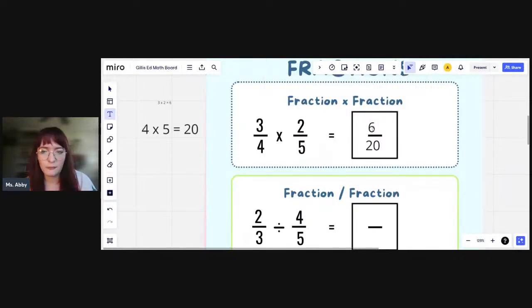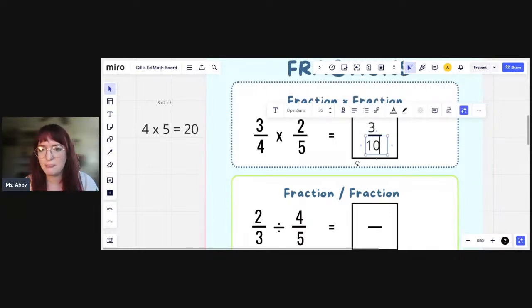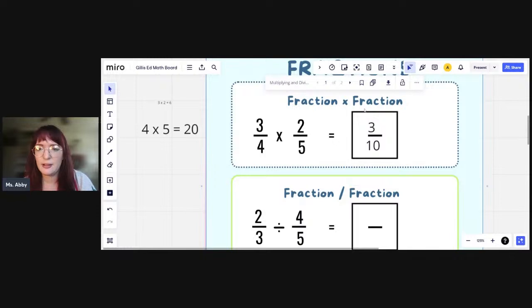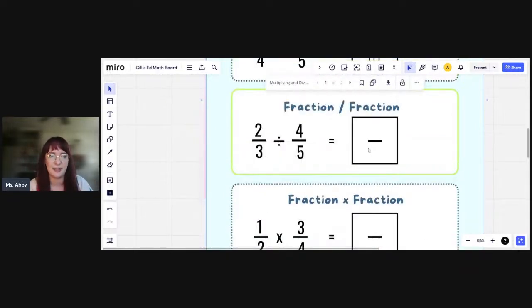So our fraction then becomes 3/10 in its simplest form because again, we only have 2 that could go into 6 and 20. So next we're going to do fraction divided by a fraction.